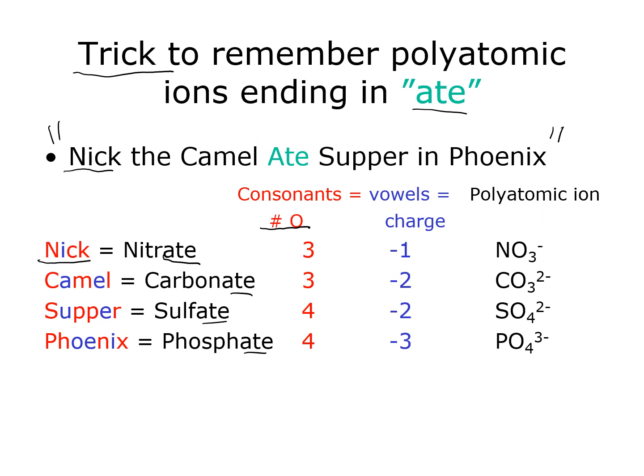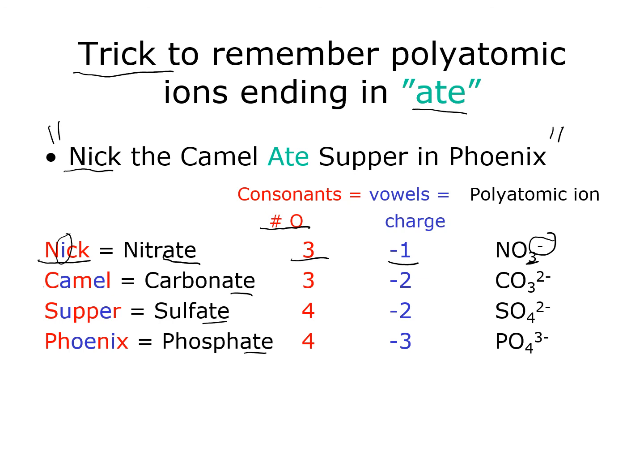So if we look at the word Nick, it has 3 consonants, so our polyatomic ion has 3 oxygens in it. And then the vowel, the I, represents the charge. We have one vowel, so it has a -1 charge. So nitrate has a -1.